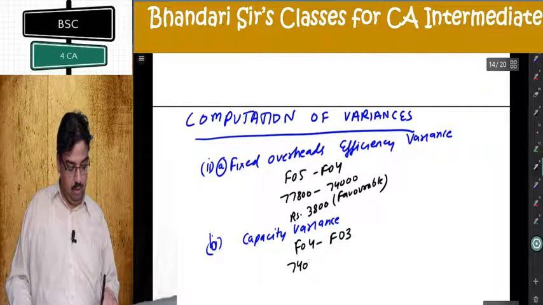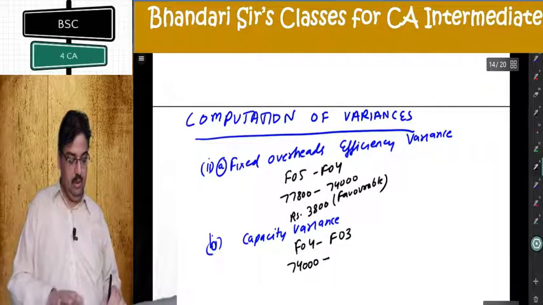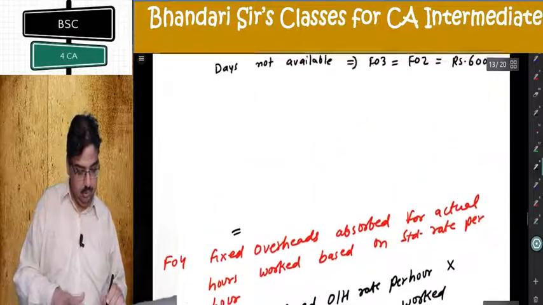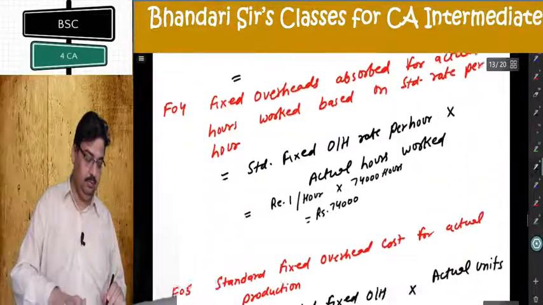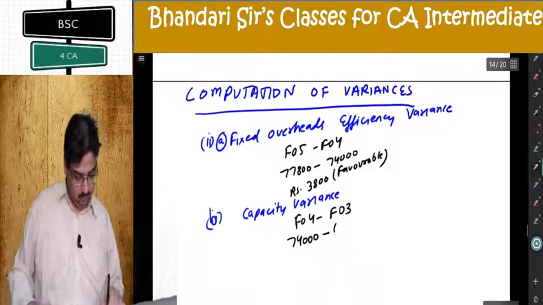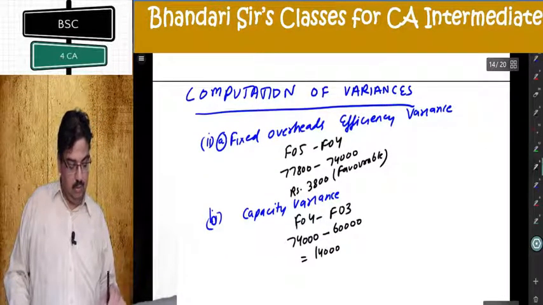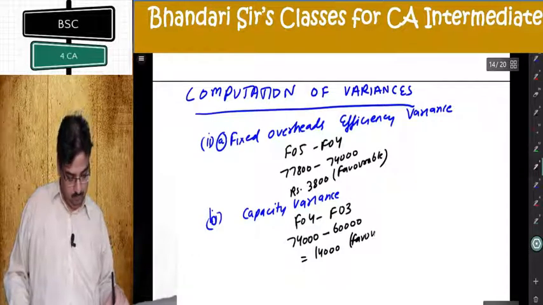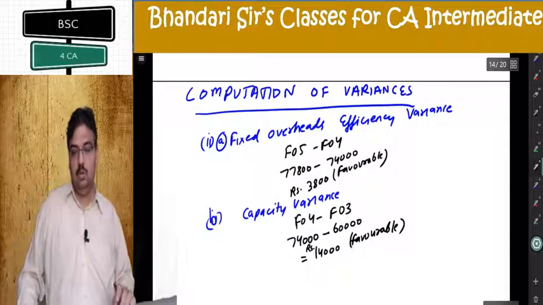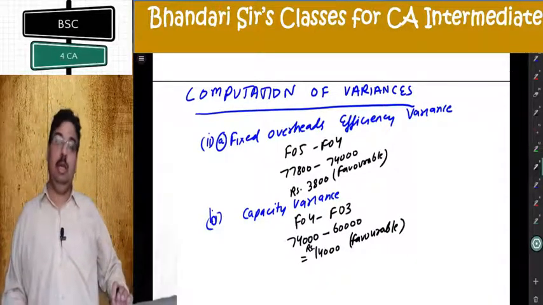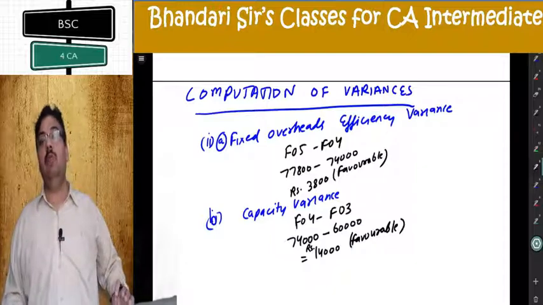FO4 was 74,000 and FO3 was what? 60,000. Rupees 14,000 favorable. This completes the question, based on fixed as well as variable overhead variances.